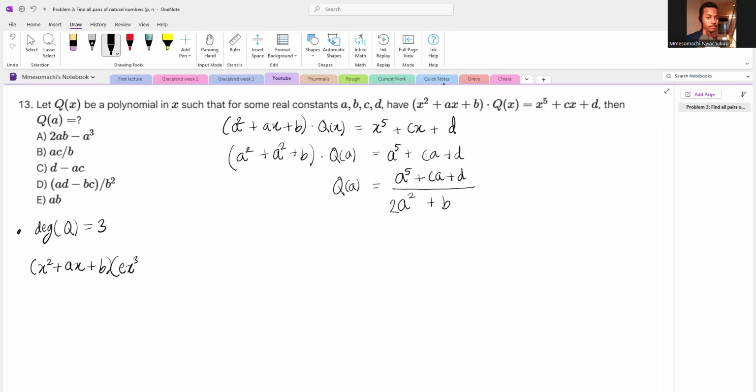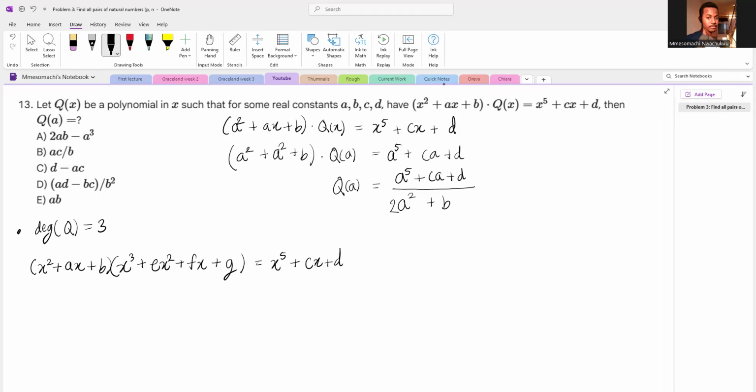So we can quickly infer that the coefficient of x cubed in Q of x is going to be 1. So this is x cubed plus ex squared plus fx plus g, and this equals x to the power of 5 plus cx plus d.